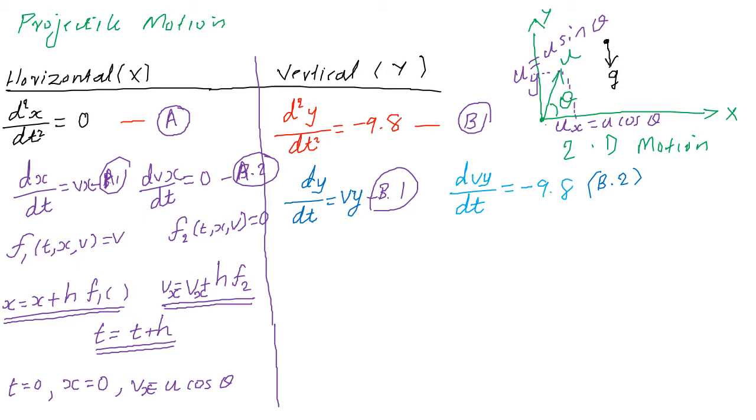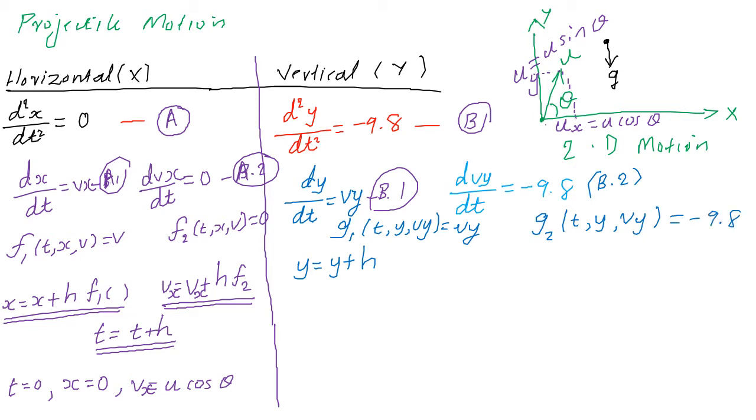Okay, so you can solve this equation to calculate the new value of y as previous value of y plus h into, you can call these functions respectively g1 and g2. The variables are t, y and vy, so g1 is equal to vy, and g2 of t, y, vy is minus 9.8. Okay, and therefore y equals y plus h into g1 of the parameters.